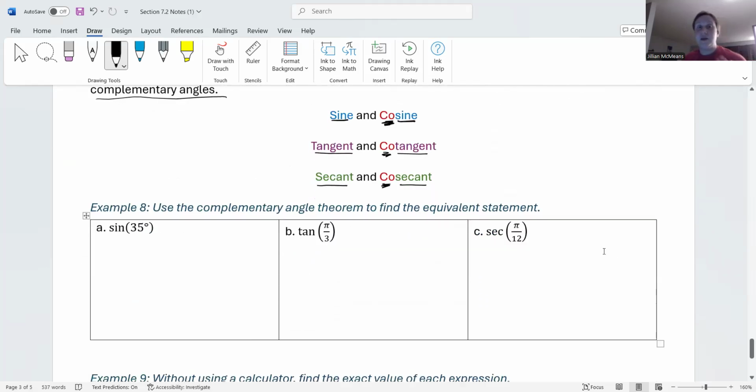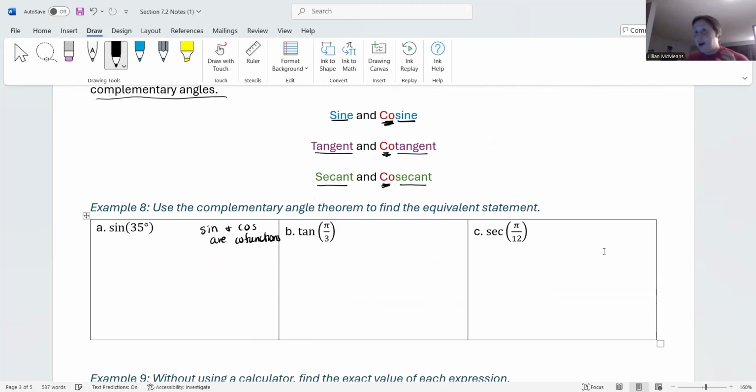So example 8 says, use the complementary angle theorem to find the equivalent statement. So we have sine of 35 degrees. Well, what in the world is sine of 35 degrees? We need to find an equivalent statement to this. Okay, so we know sine and cosine are cofunctions.